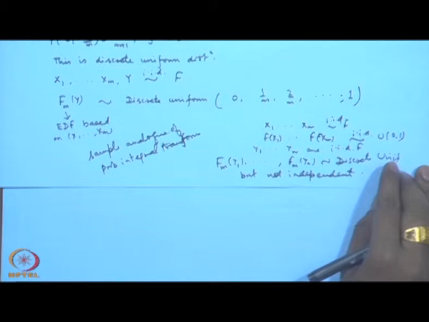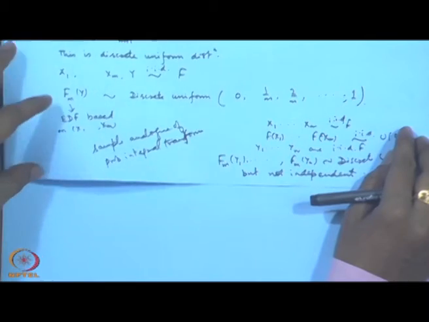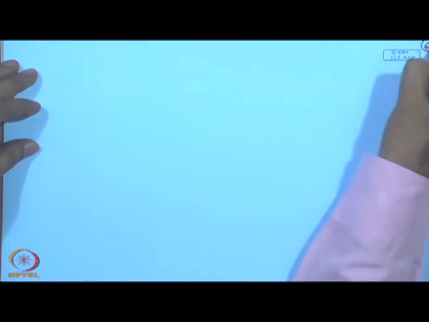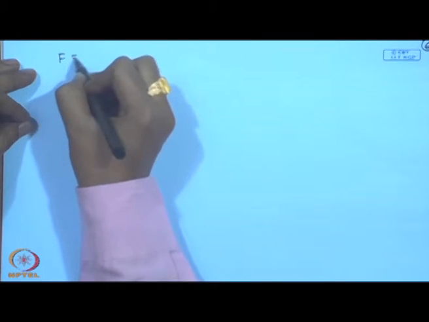We will also be interested in the joint distributions of, for example, two of them, u i and u j. So, let me discuss this here. Let F be equal to G, let me take.